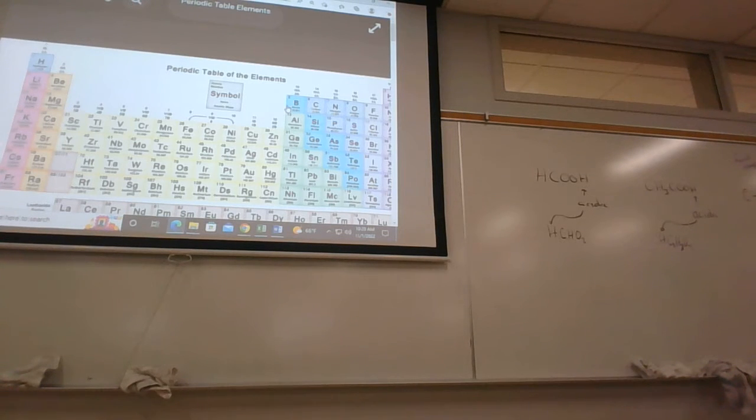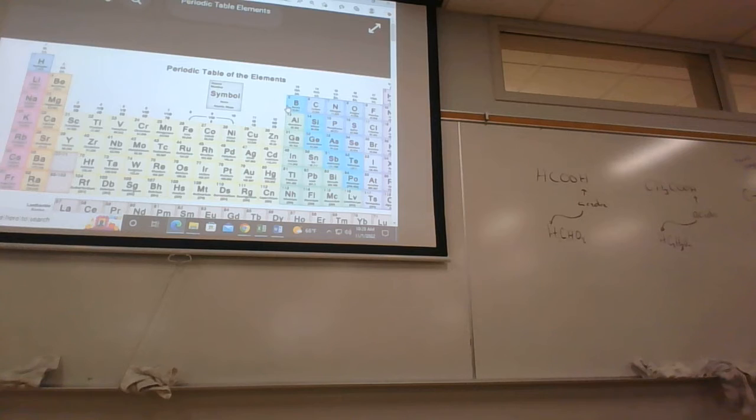So 1 electron minus 1 electron gives us 0. It has what it's supposed to have. So it's supposed to have 1 electron, and it has 1 electron. Therefore, there's no charge. And so the formal charge on hydrogen is 0, but we don't write 0 here and circle it.